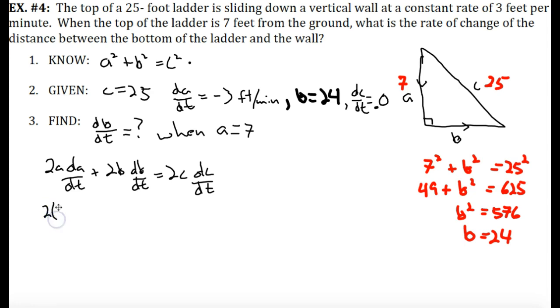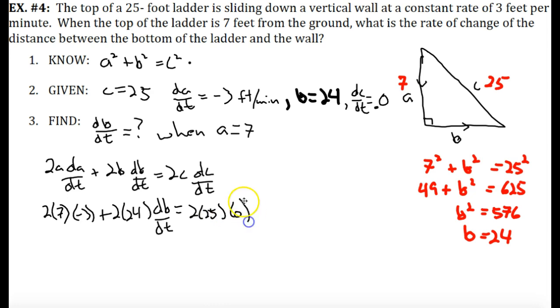So my a value is 7, dA dt is -3, plus 2 times b, which is 24, times dB dt equals 2 times 25 times 0.